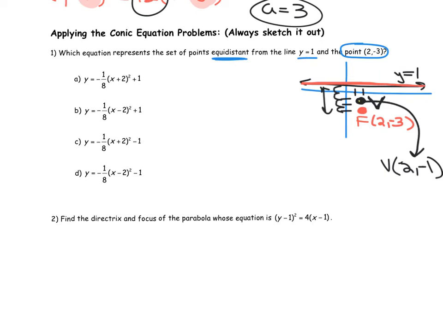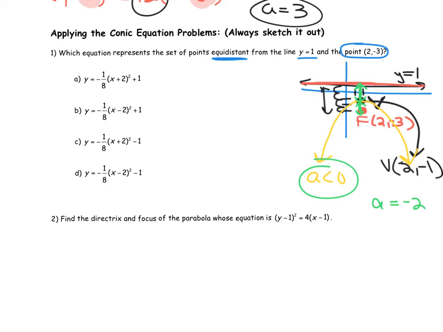So I know then my parabola has to be facing down, which means I know that my a value will be less than 0. So if we traveled a distance from the vertex to the directrix of 2, and the vertex to the focus of 2, we know a is equal to -2 because we know a has to be less than 0.